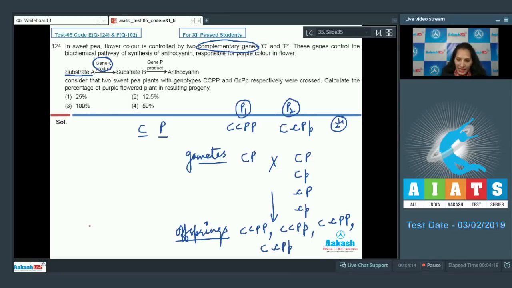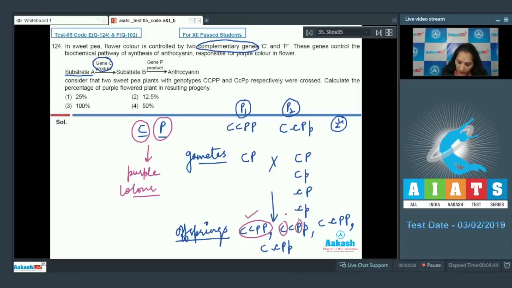Now I just said that both the genes capital C and capital P are required to produce purple color in sweet pea. So the plant which has both dominant genes will have purple colored flowers. So it has capital C and capital P, yes, it will produce purple flowers.